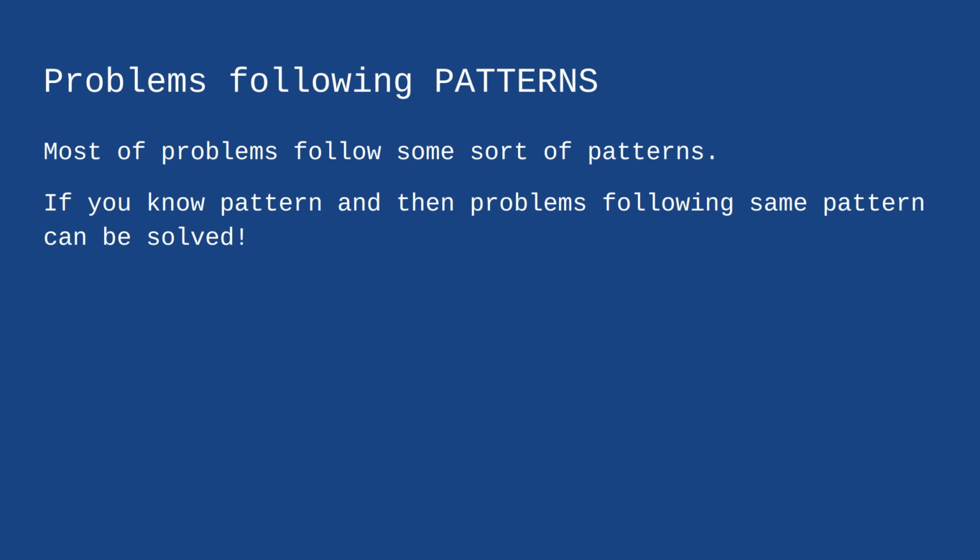So if you really know how to solve one sample problem for that pattern, you can use the knowledge and solve another problem which follows a similar pattern. You need not mug up the solution for all possible problems out there. You just need to know the patterns. By knowing a pattern, you can solve all possible problems that follow similar patterns.